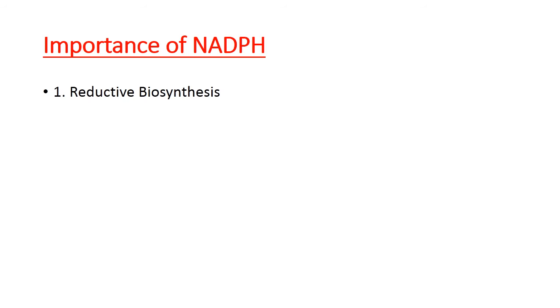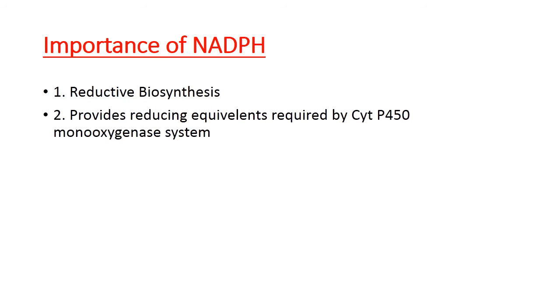So NADPH is important for reductive biosynthesis of cholesterol, steroid hormones, and fatty acids. It provides reducing equivalents required by the cytochrome P450 monooxygenase system. Now, monooxygenases, as we all know, are also known as mixed function oxidases. Why are they so named? What is the reason?